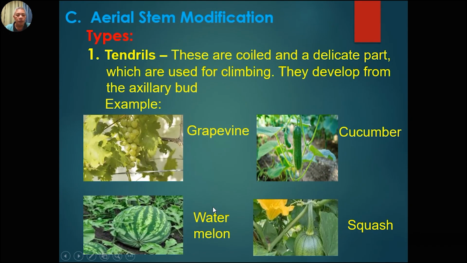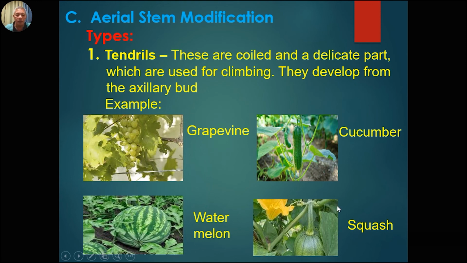There are also types of aerial stem modification. We have tendrils. These are coiled and delicate parts which are used for climbing. They develop from the axillary bud. Examples are grapevine, cucumber, watermelon, and squash.